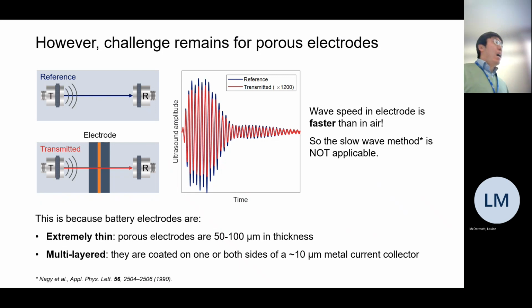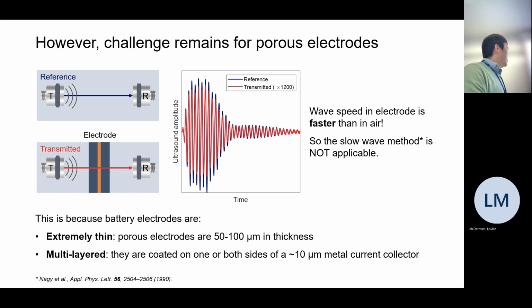That's because of two properties of electrodes. One is that electrodes are normally extremely thin compared to the length scales we normally work with. Imagine if you have a relatively thick layer of pure porous material.